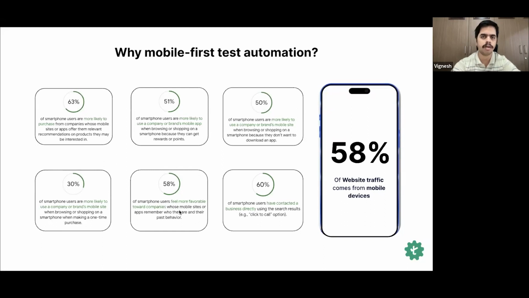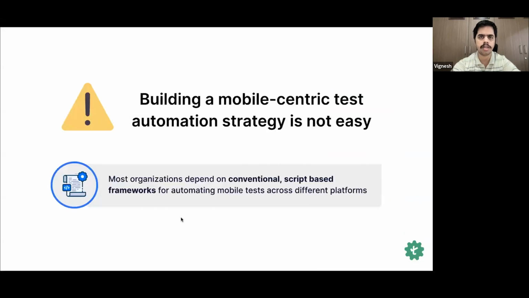But unless and until you have been using a manual testing strategy, mobile test automation is not easy. Most organizations rely on conventional script-based frameworks to automate their mobile apps. Now, as I already mentioned, if you have been previously using manual testing, this is an upgrade.